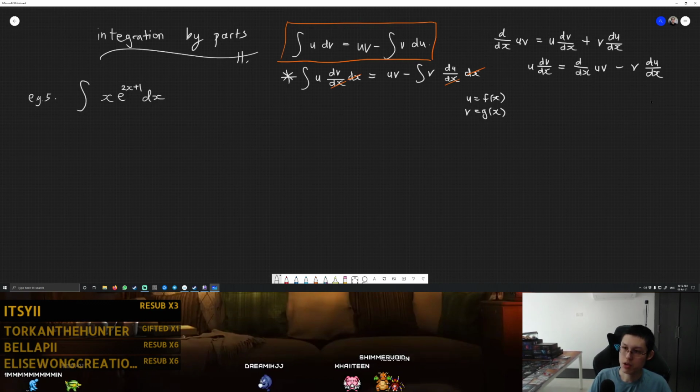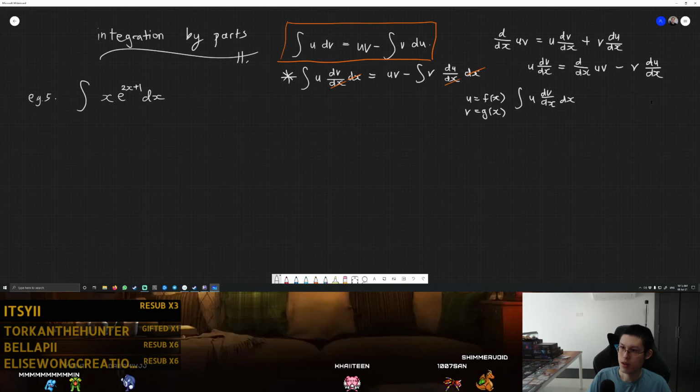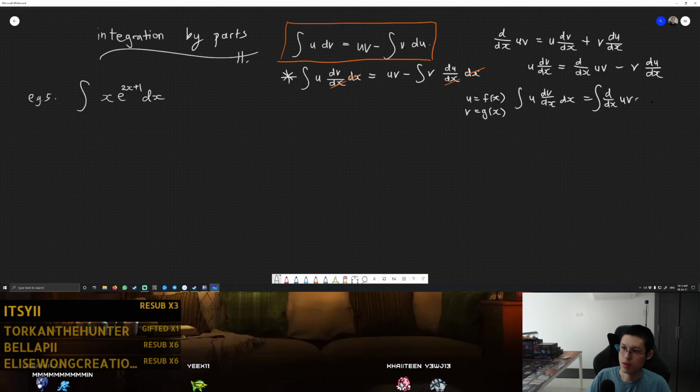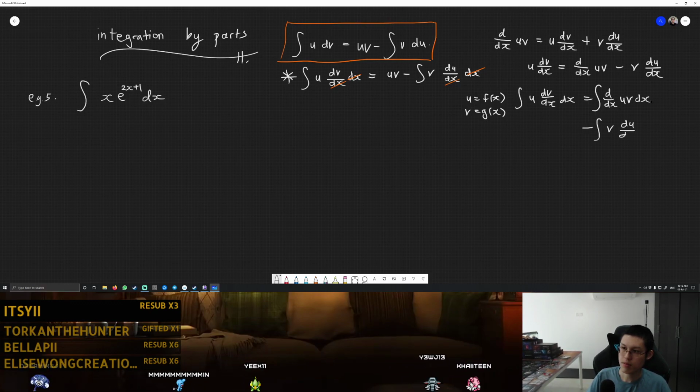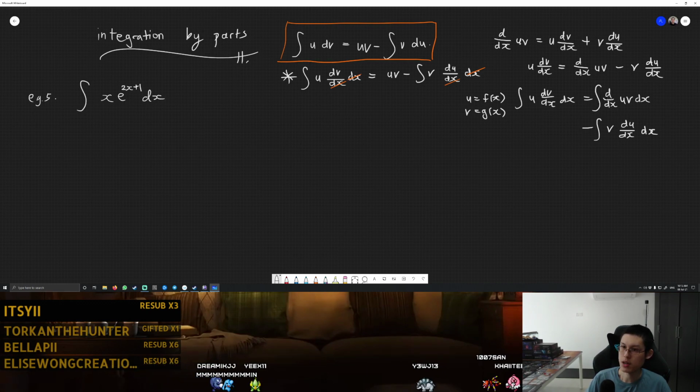Then we can integrate both sides with respect to x. As you can see, the integral and the derivative are inverse functions of one another.